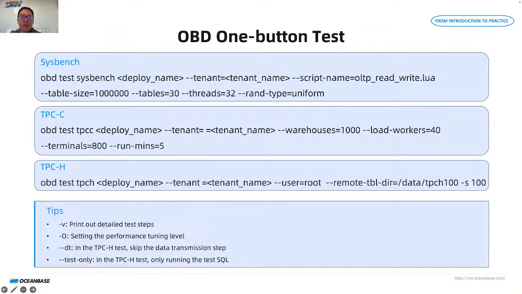Next, we will introduce how to perform the 3 tests mentioned above on OceanBase. On the OceanBase official website, there are relatively detailed test steps for the 3 test tools mentioned above. The official website introduces 2 testing methods.